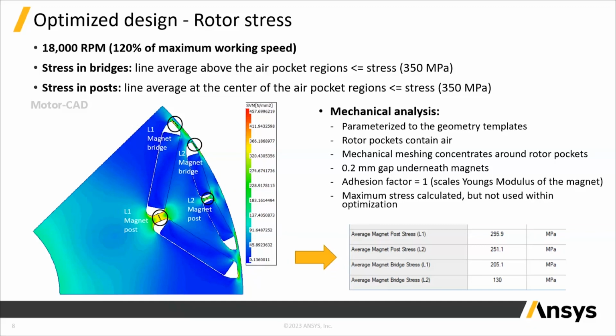Initially we start with a factor of 1, so we're using the nominal Young's modulus for the magnet. You can see here in the bottom right the values that we got from the optimization and from this optimized design. This is the starting point for the workflow that we're going to go through today.